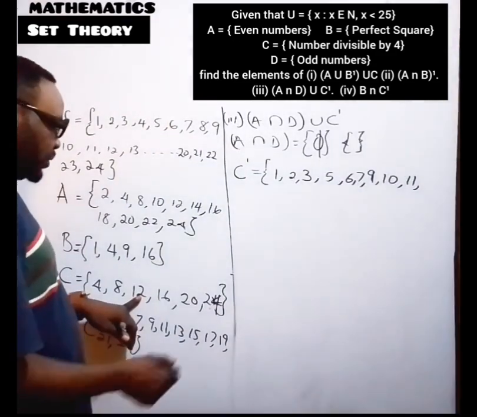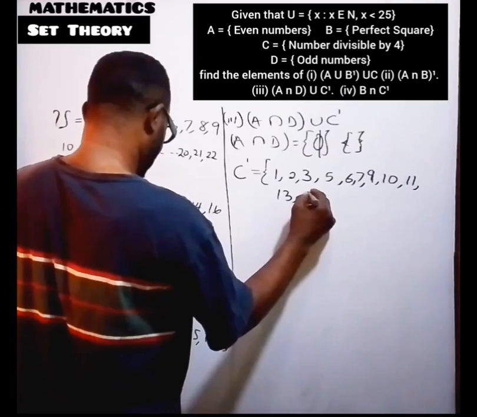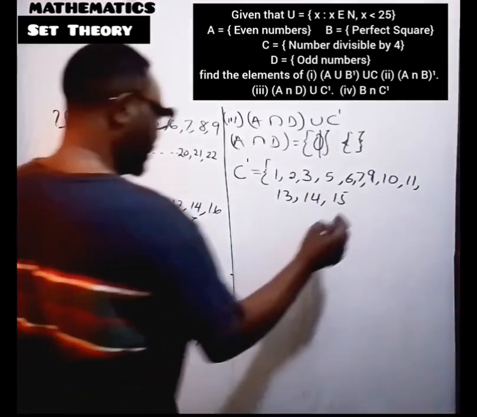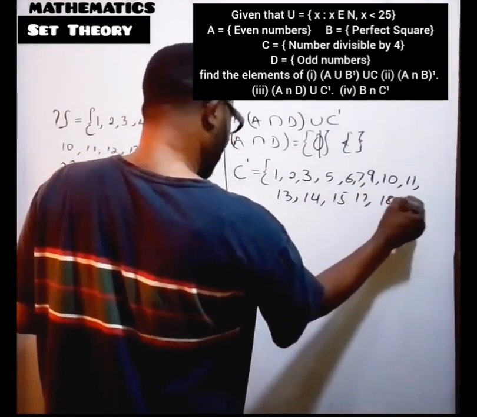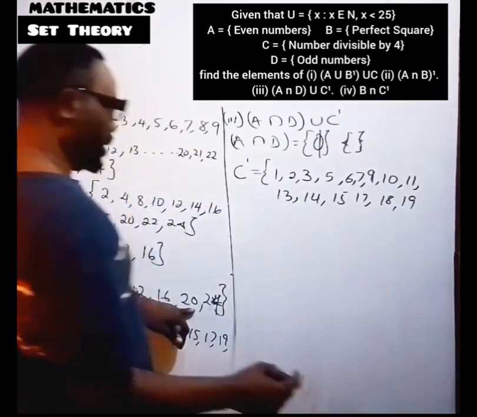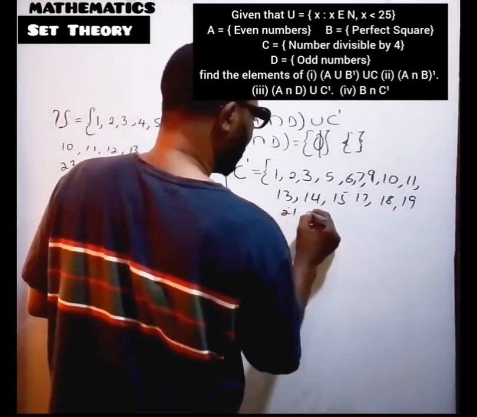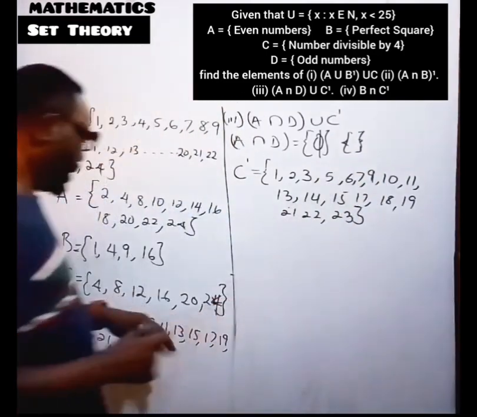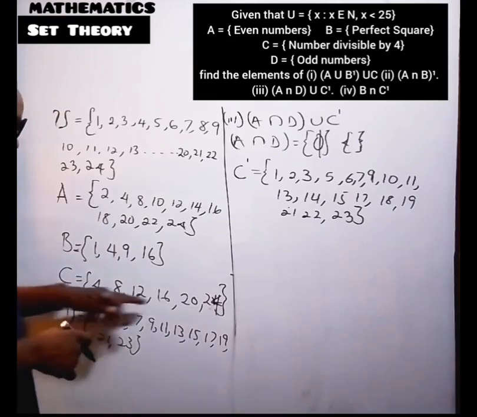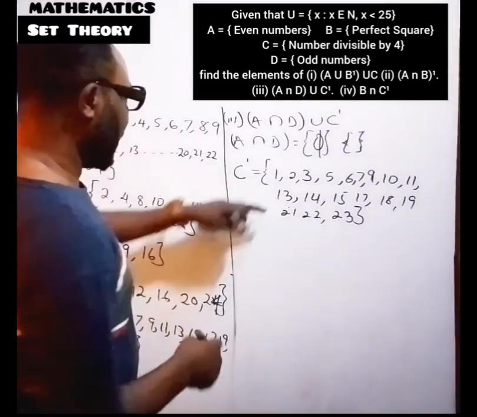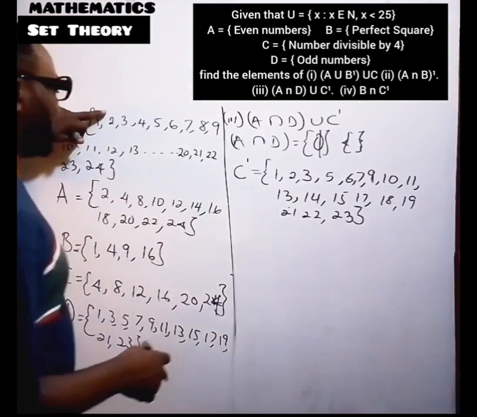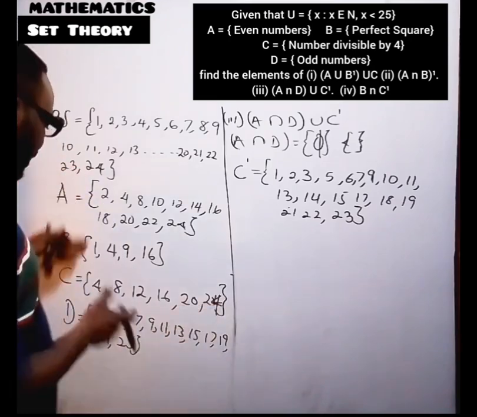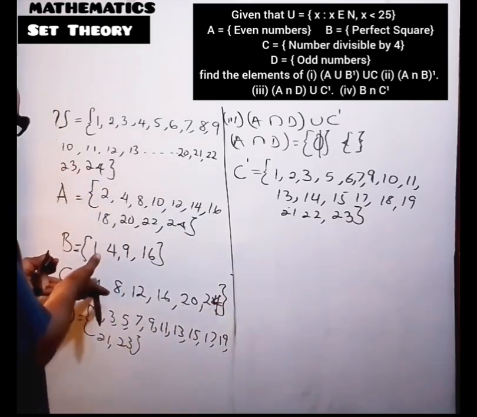That's 13, 14, 15. 16 is here. 17, 18, 19. 20 is here. 21, 22, 23. So those are the values of C complement, those inside the universal set but not in C.